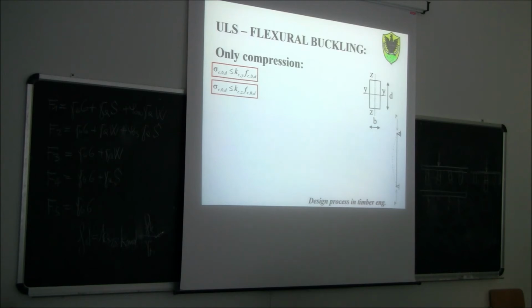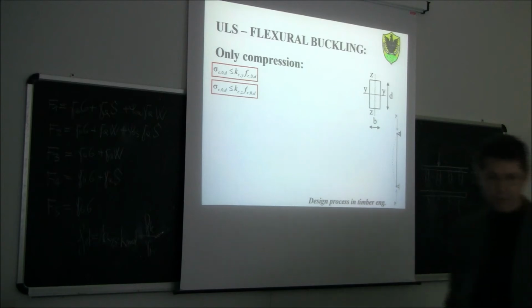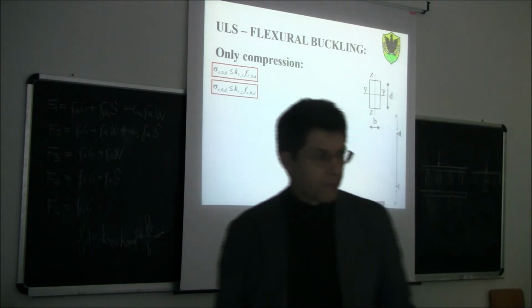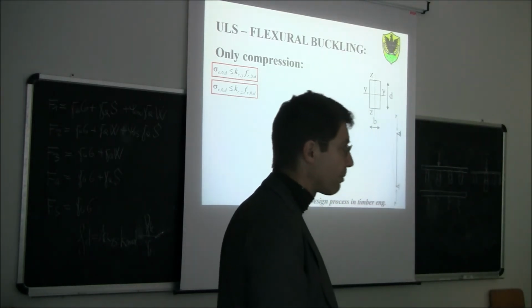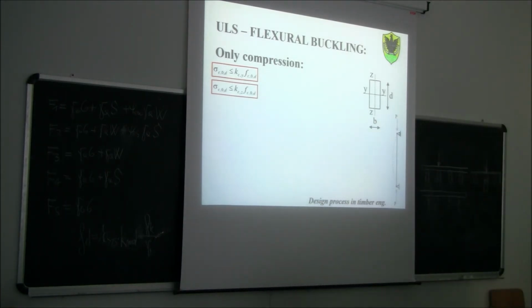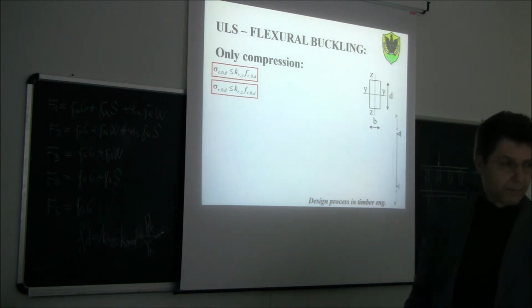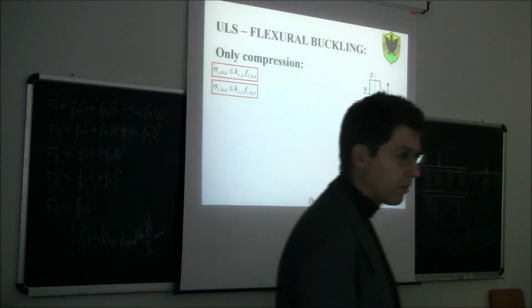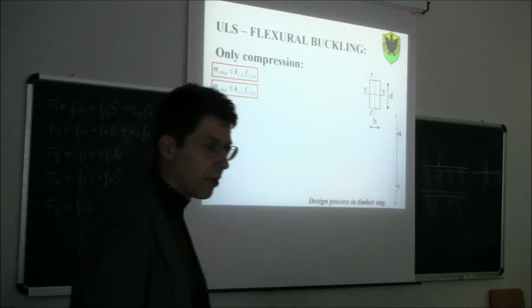But if you remember, last time we said on Monday that we can expect quite significant buckling problems on timber beams. You remember why? Why are we expecting buckling to be a problem for timber? Because the critical load is low. And why is the critical load low?